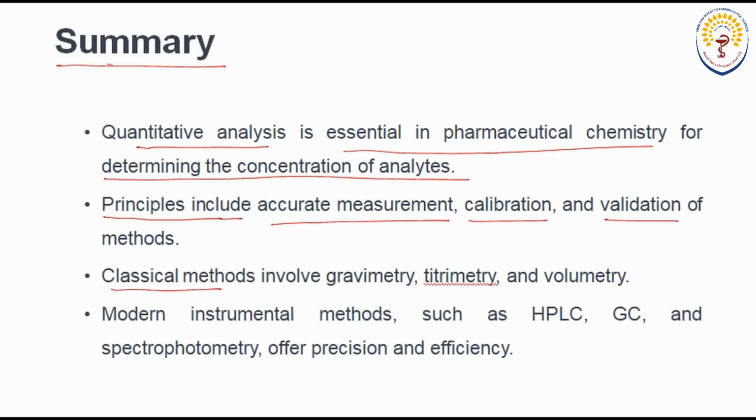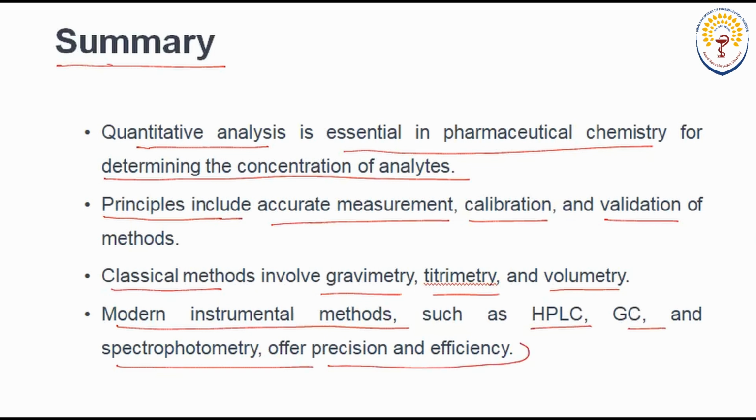There are classical methods like gravimetry, titrimetry, and volumetry, and there are modern instrumental methods like HPLC, GC, and spectrophotometry, because these modern instruments are time saving, precise, and efficient. Although they might not be cost effective, they are accurate and reliable instruments.